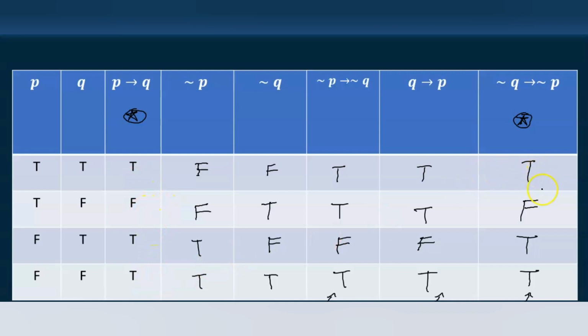Take a look again at the truth values. Observe that not P implies not Q with truth values true, true, false, true have the same entries as Q implies P. That means that these two statements are logically equivalent.